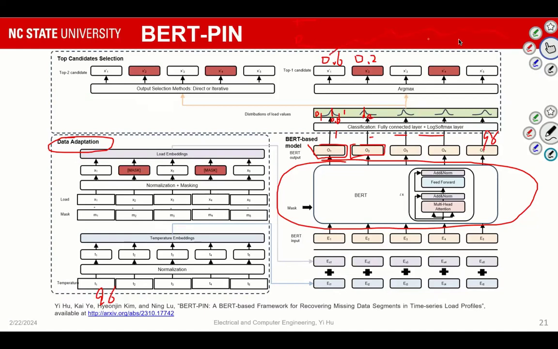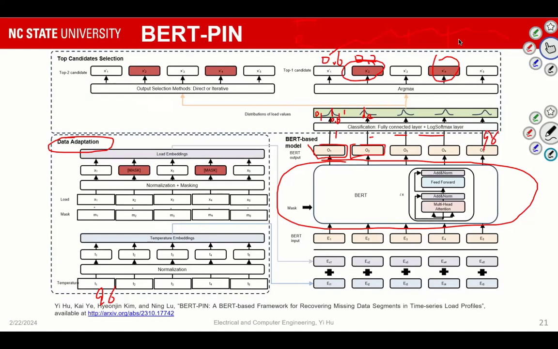So in this way, we can fill out the missing part. This is the missing part, and this is the missing part. We can find out the missing values. And we also have a candidate selection method we can use to find the top 2 candidates.